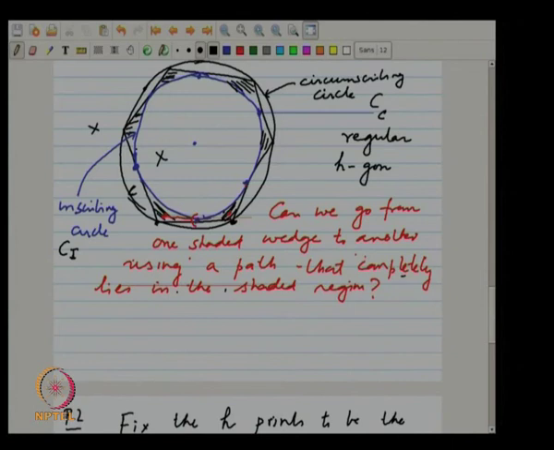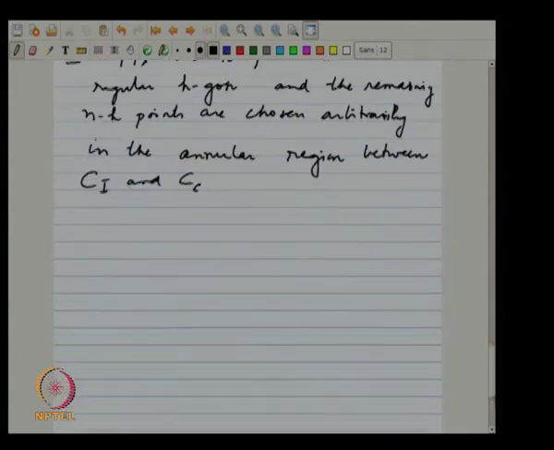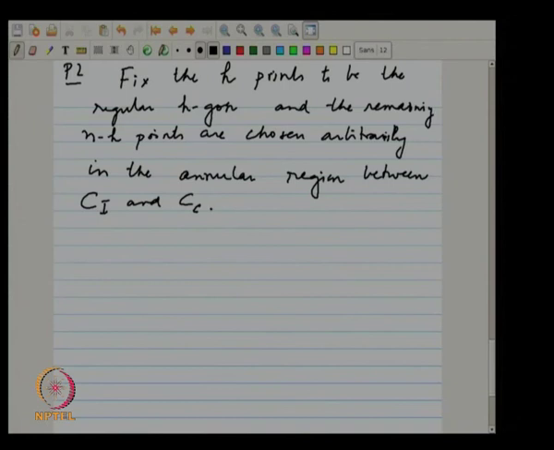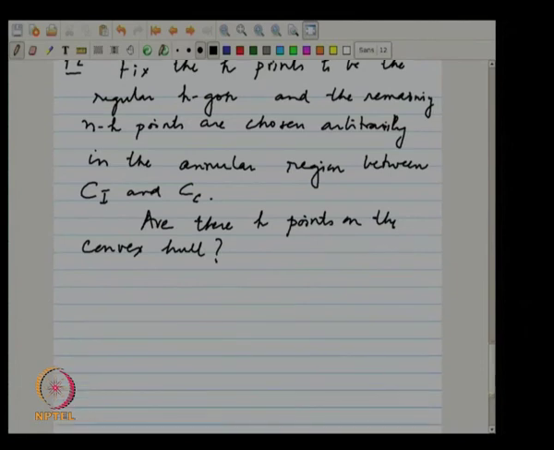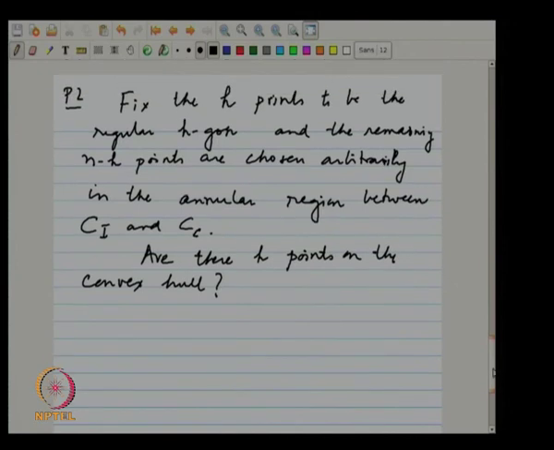And then we ask the same question: are there h points on the convex hull? So, this is my new problem.